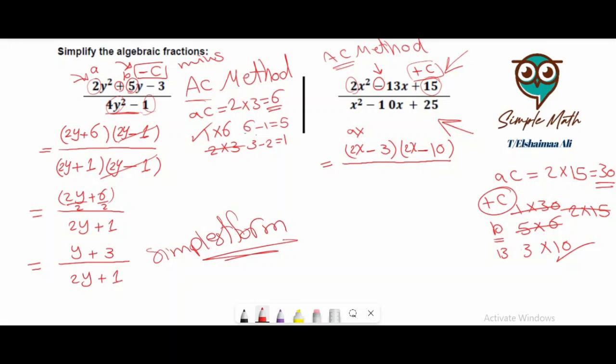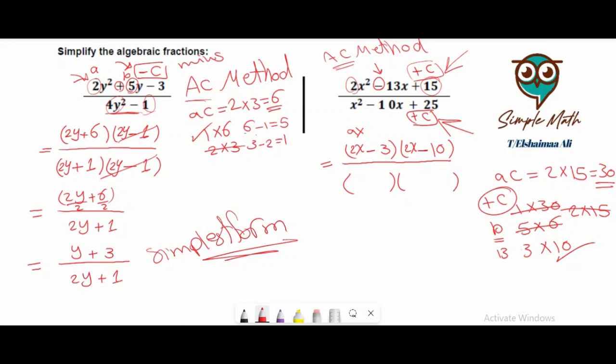This is for the expression up in the numerator. What about the expression down in the denominator? We have x squared minus 10x plus 25. You can see that it's a simple quadratic expression. We have positive C. It means that I'm going to open brackets because I want to simplify this, which means I want to factorize it.